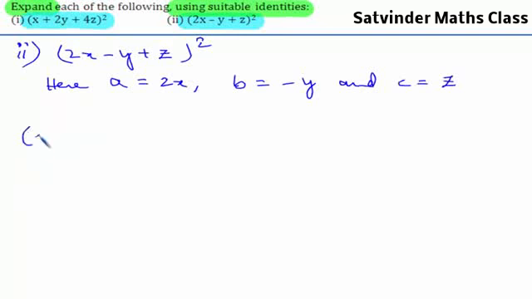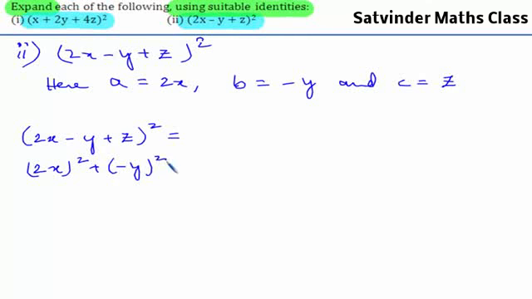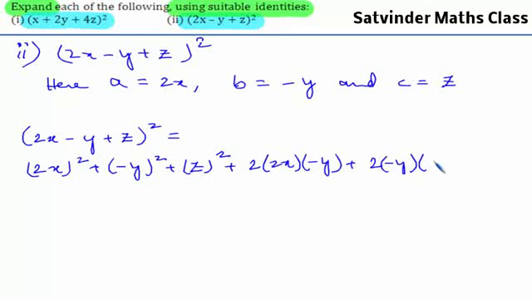We will have (2x - y + z)² is equal to, we will get (2x)² plus (-y)² plus z² plus we will have to write 2ab, which is 2 into 2x into minus y, plus 2bc, 2 into minus y into z, plus 2ca, which is 2 into z into 2x.